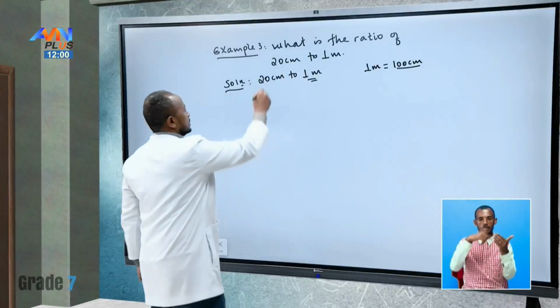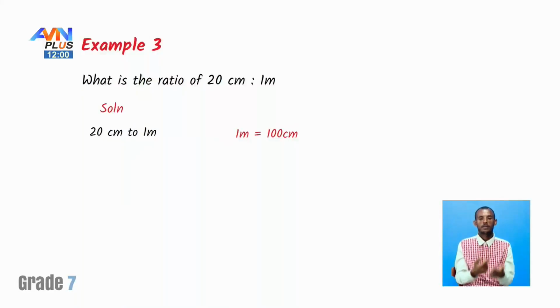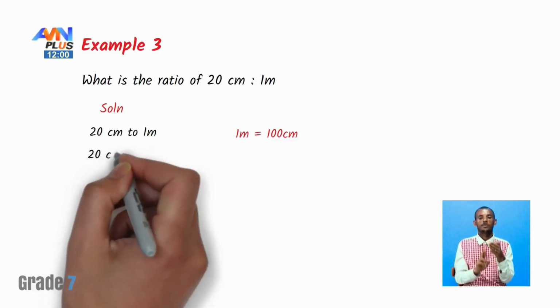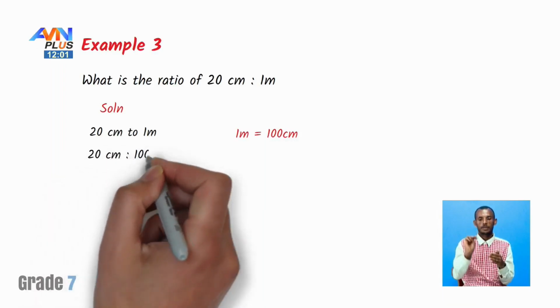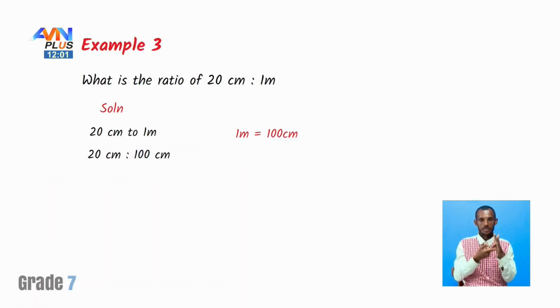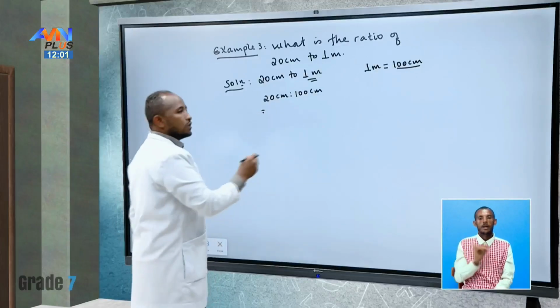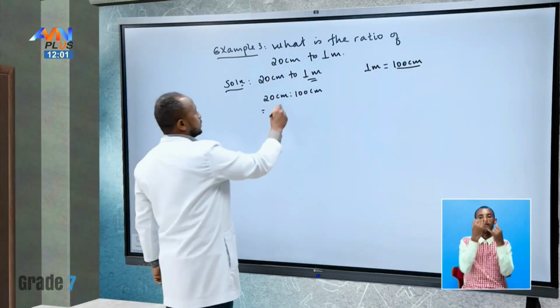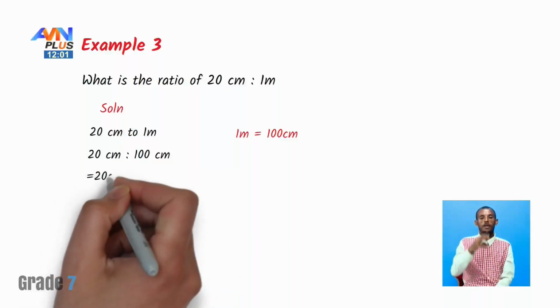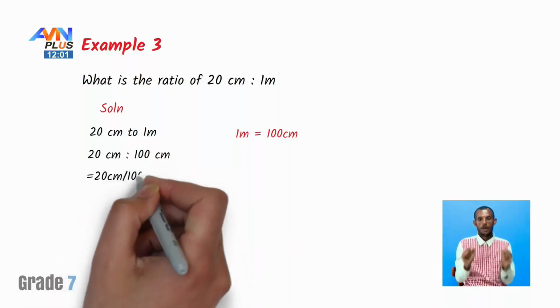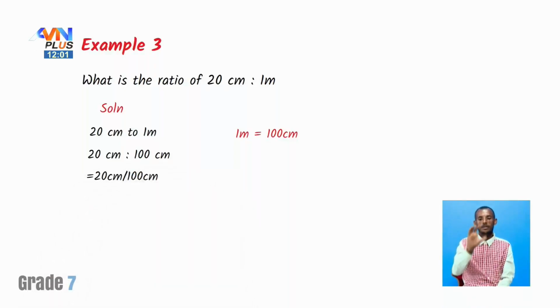Therefore, I can write this ratio in fraction form, 20 centimeter over 100 centimeter.